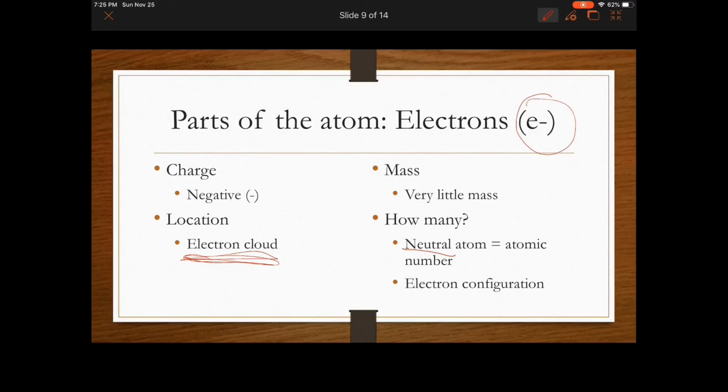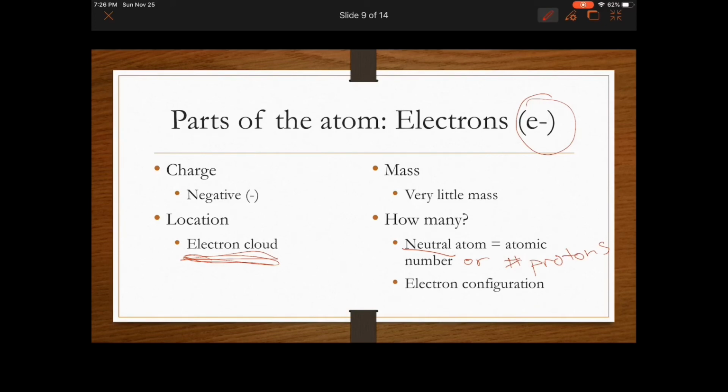So if we have a neutral atom, that means the number of electrons is going to equal the atomic number, or the number of protons. Another way to figure this out is looking at the electron configuration, and that is something that you will learn in chemistry down the road. So neutral atom, electrons equal protons.